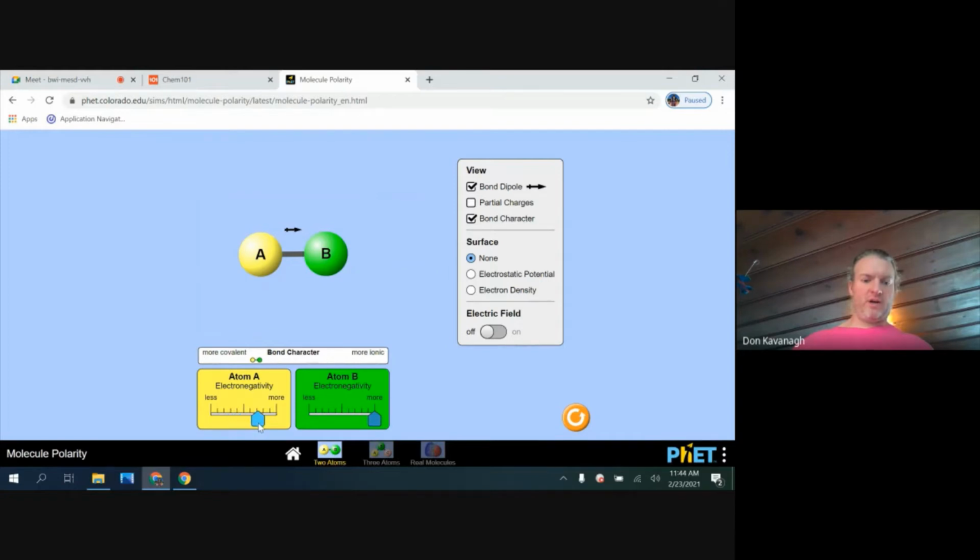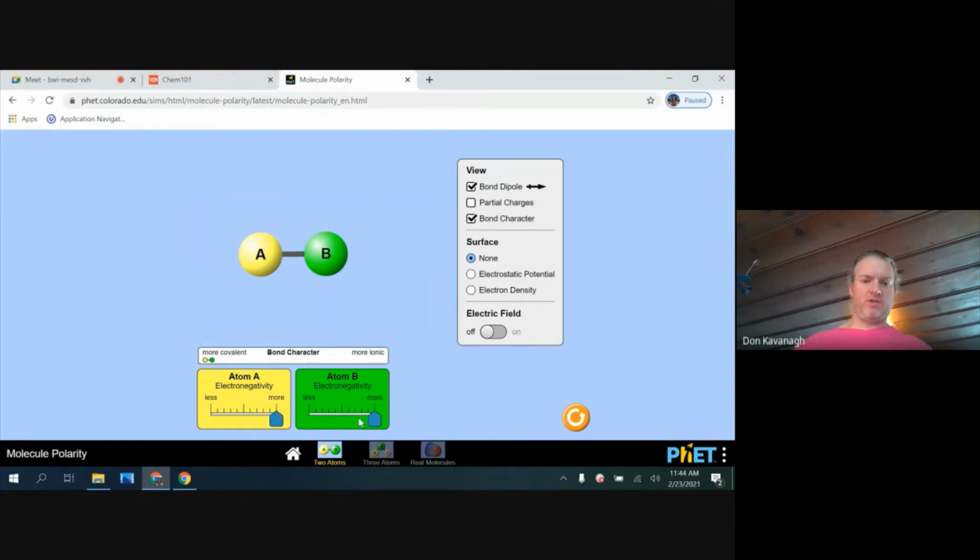So right about here, your finger should be on, say, arsenic or selenium, meaning it's more of a covalent bond. And now your finger is back on fluorine.